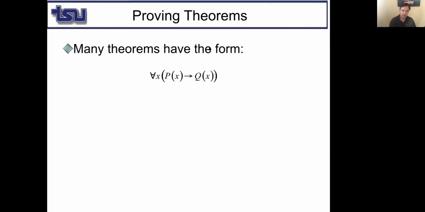Why? If we know Q is true, recall the truth table for P implies Q. P is the premise. If the premise is true and the conclusion is true, the conditional statement is true. If the premise is true and the conclusion is false, it is false. If the premise is false, no matter what the conclusion is, the conditional statement will be true.